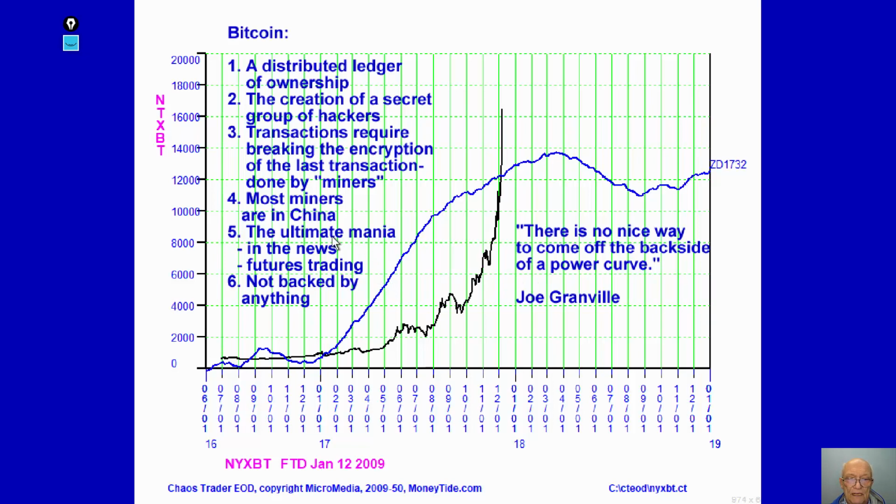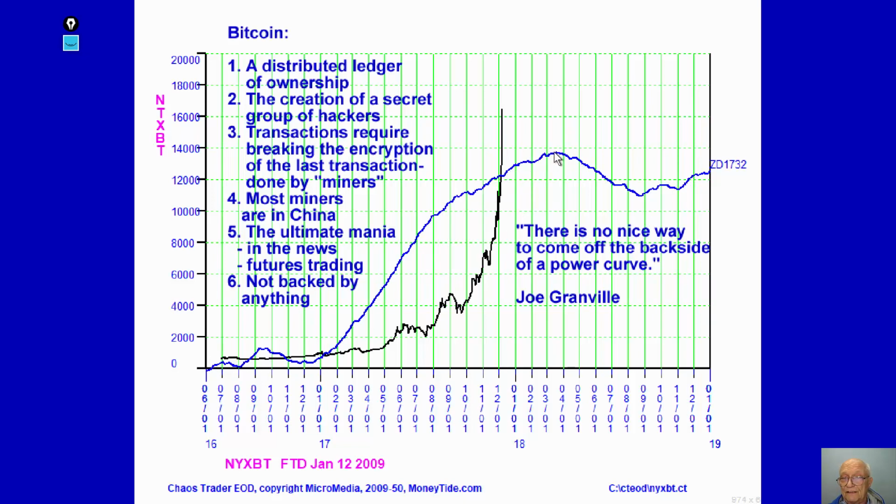Not only has Bitcoin been in the news, but in December we started futures trading in it. By the way, this is a crude long-term forecast for Bitcoin. Since its creation, it was fairly flat, then has this big hump up.